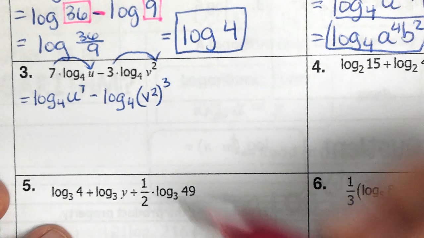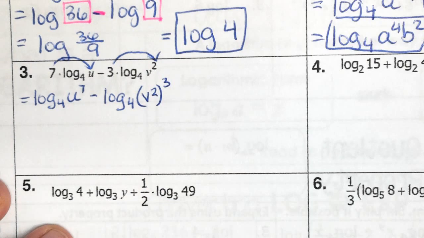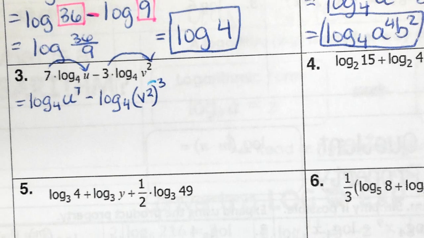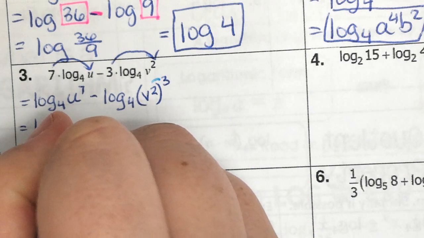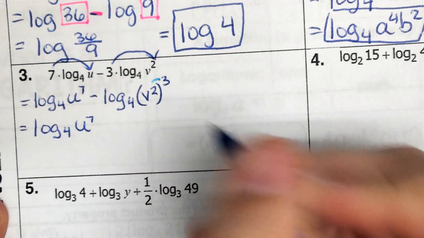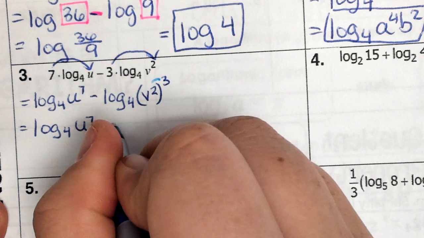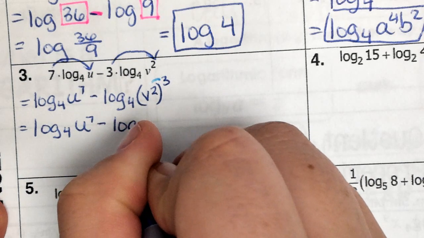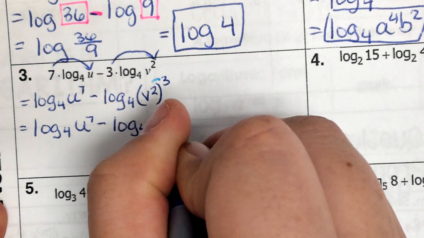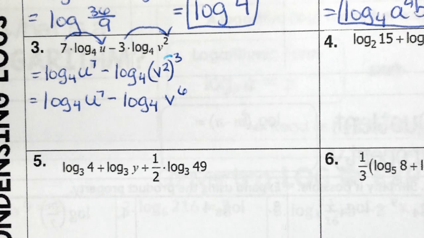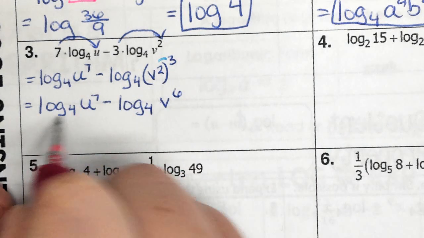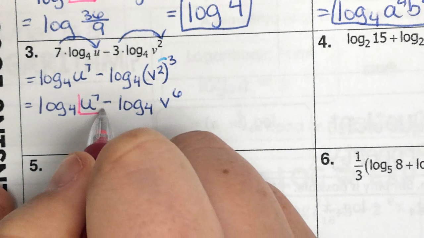Now, when we have a power raised to another power, that means we are going to multiply. We're going to multiply those two. So now this becomes log base 4 of u to the 7th minus log base 4 of v to the 6th, because 2 times 3 is 6. So now what we look at is our 2 arguments. We have 2 logs, so our first argument is u to the 7th.